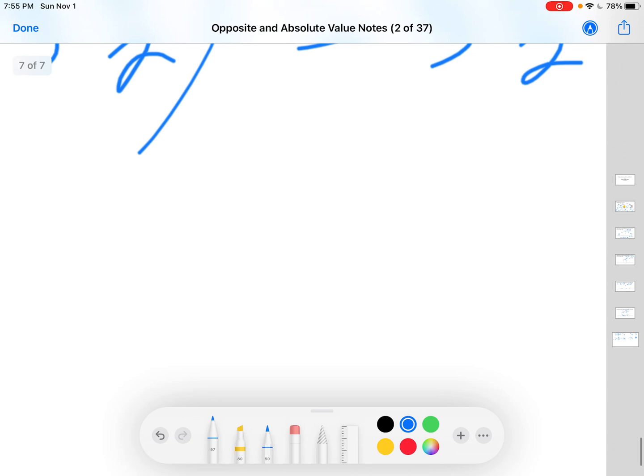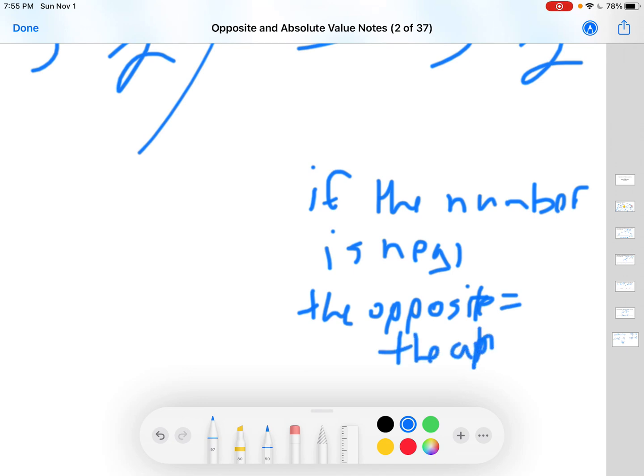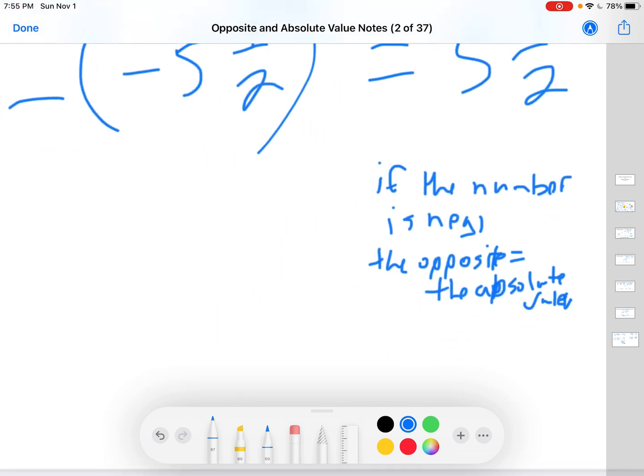So, if the number is negative, the opposite equals the absolute value because they're both positive.